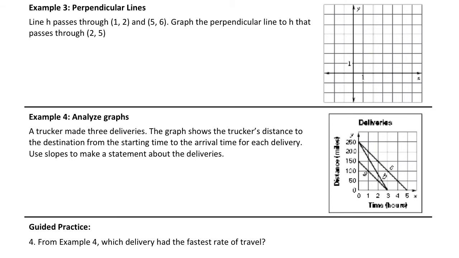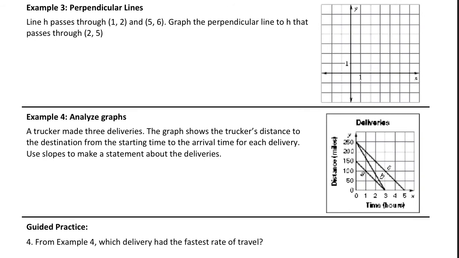perpendicular slopes. So we're given a line that passes through 2 points, and we want to graph the line perpendicular to that line that passes through the point 2, 5. So I am first going to graph my line.